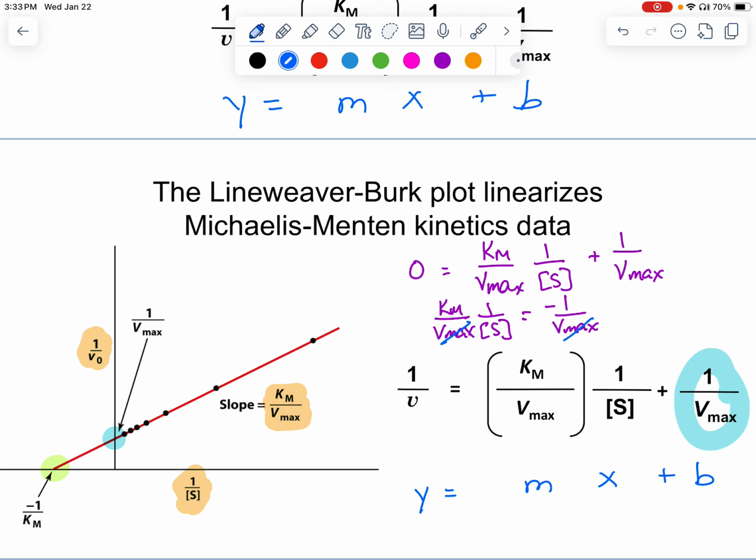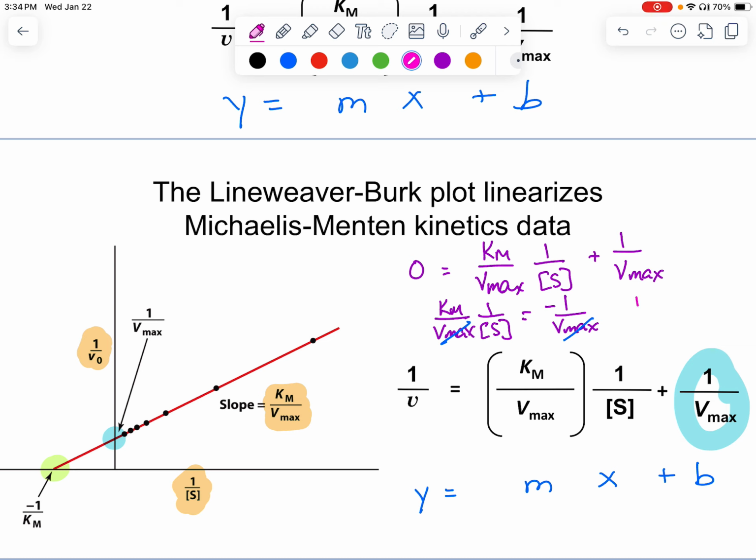So I'm left with Km times 1 over S. Km times 1 over substrate concentration equals negative 1. This x is 1 over substrate. So I want to solve for this because I want to see where I'm going to cross. I've got to divide both sides by that Km value.